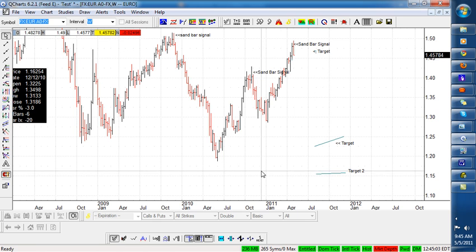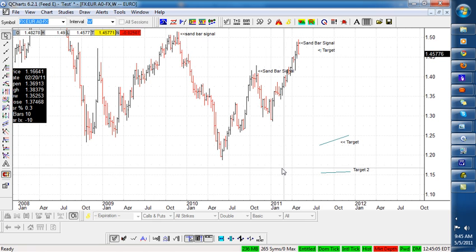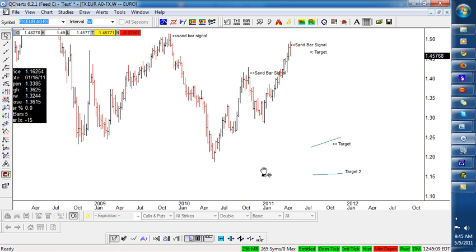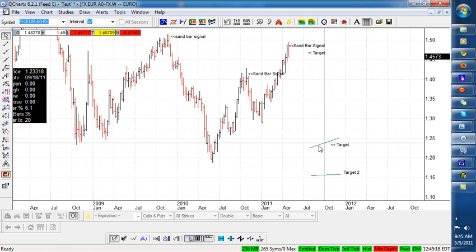Down here is an area that's simply a target, not necessarily a target reversal. Okay, it may be a target reversal when it gets down there. We may get a reversal right at the target, but anyway, this reversal area here, or this target signal area here, is one that I'm also looking for a target. This is primarily used as a signal, though.